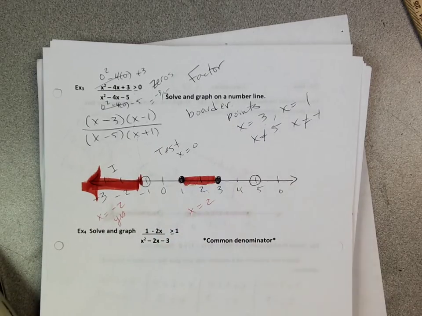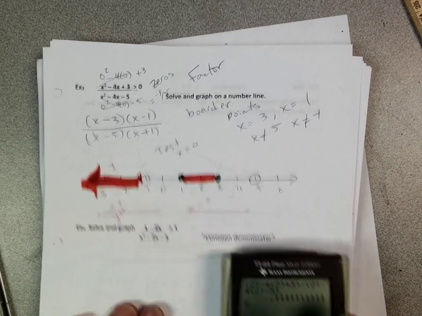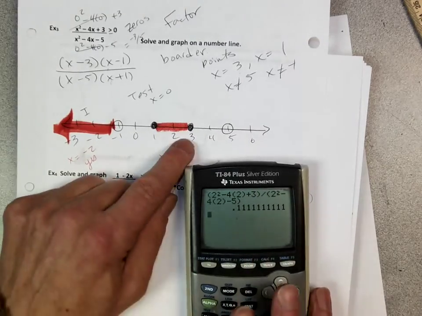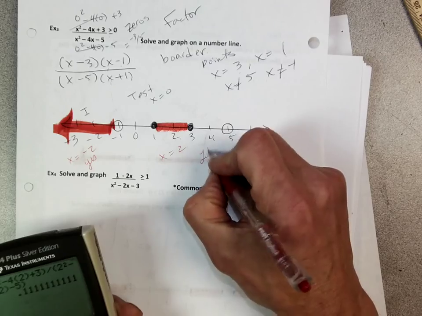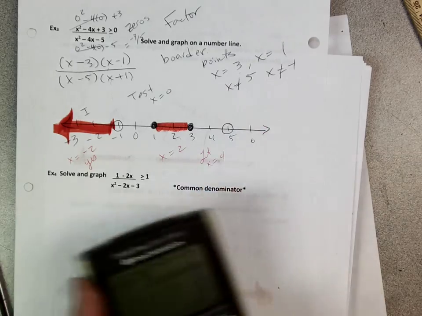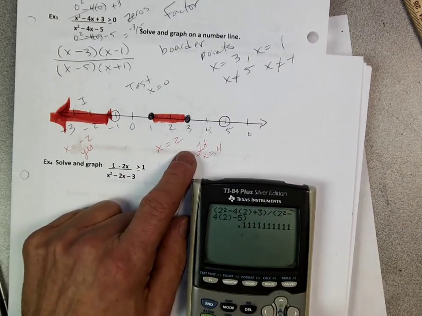Okay. So now let's check the next region. So let's check 4. I'm going to let x equal 4. Plug it into my calculator. It's much easier to put it in your calculator. Okay.